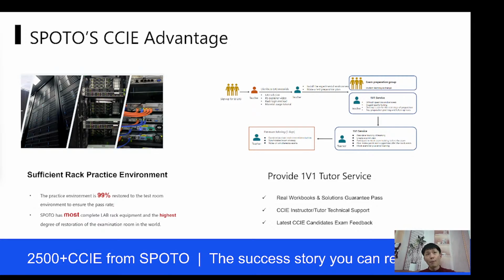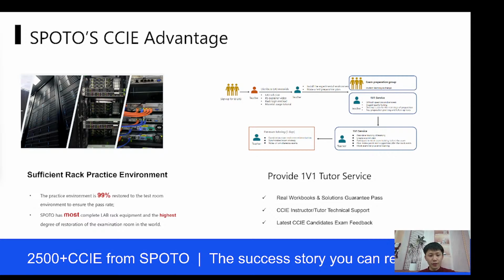All of them are 99% the same as the actual exam. And if you encounter any problems or difficulties during the practice, tutors will help you solve them through TeamViewer or any other remote control software.